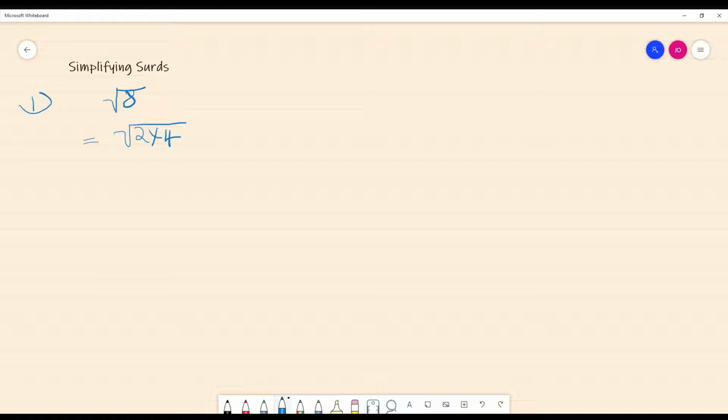So we're going to have here 2 root 2. The reason it's root 2 is because the square root of 4 gives us 2, and we bring this 2 beside the root integer 2. So our answer here is 2 root 2.